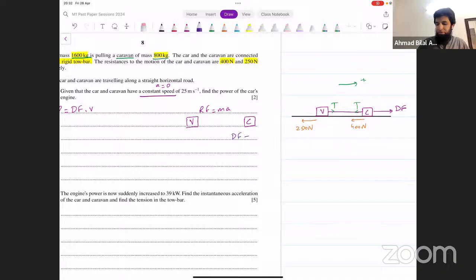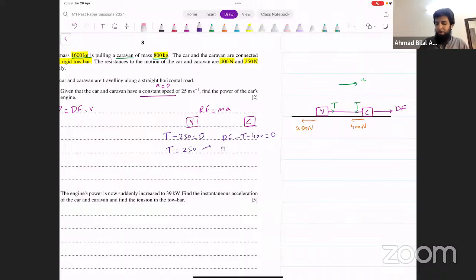What's the backward force? T and 400. That equals mass into acceleration. Acceleration is 0, so that's why on the right side we've got 0. For the caravan, the forward force is T, the backward force is 250. And this is also moving at constant speed, so acceleration is 0. So this is also equal to 0. Now from this we get tension equal to 250. Put that in the other equation.